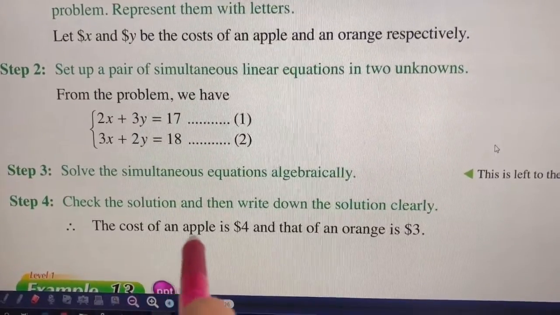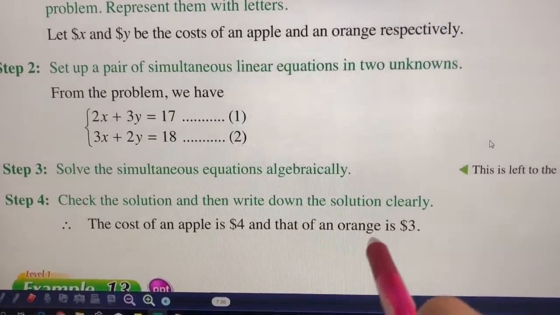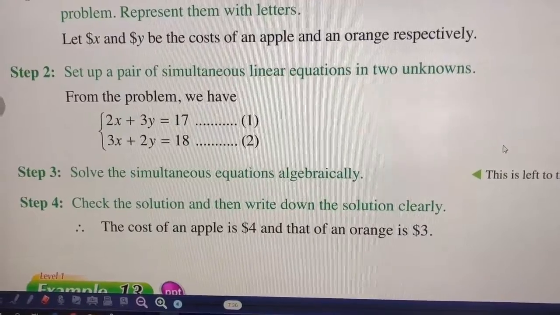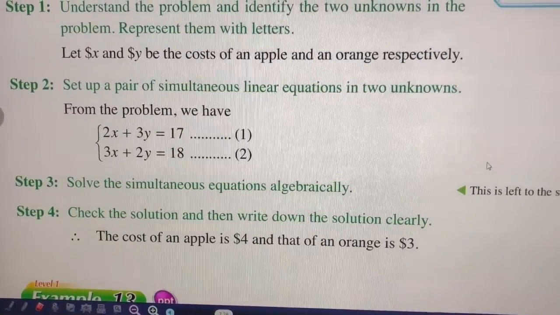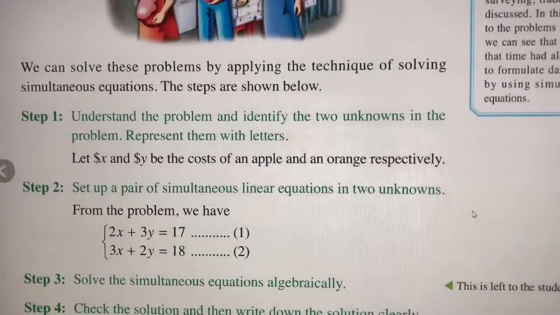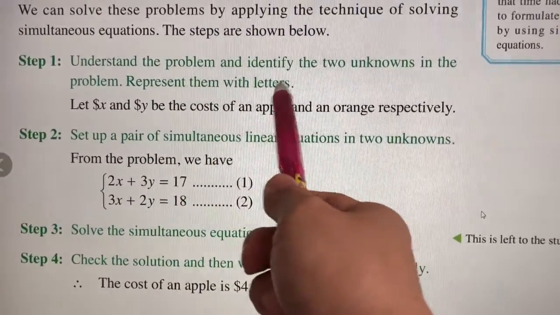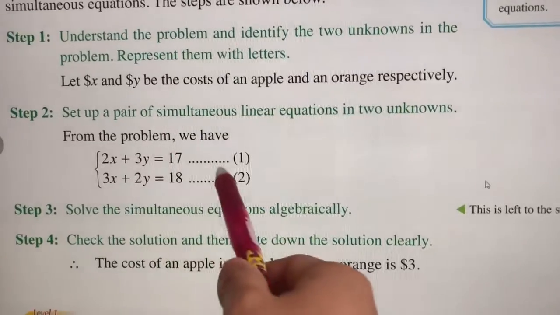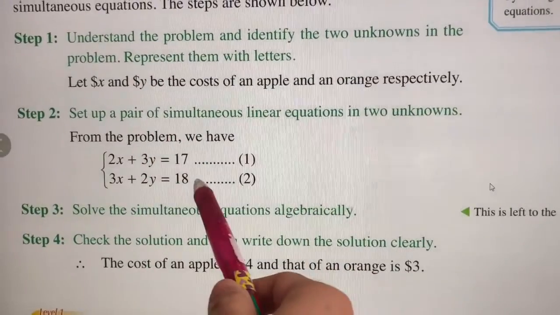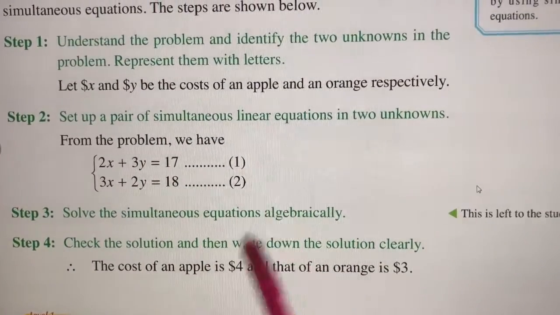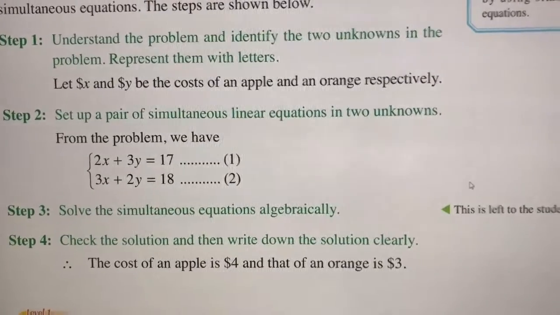So the cost of an apple is $4 and that of an orange is $3. This is the procedure for this type of question: understand the question, identify the two unknowns x and y, set two equations, solve the equations, and remember to answer the question.